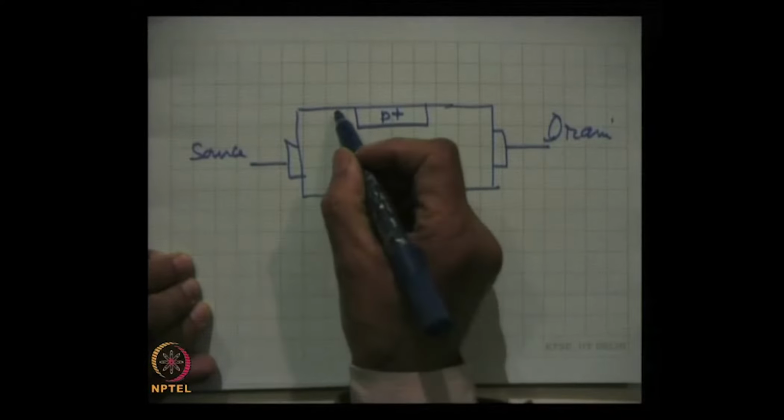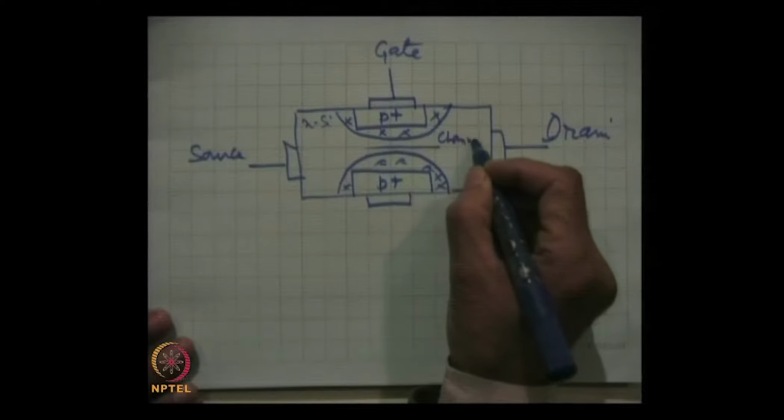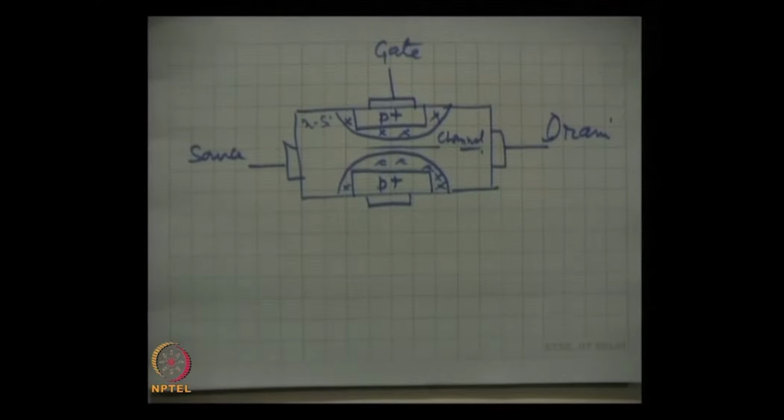Now, this is the p type region and this is the depletion region, and here this is n type silicon substrate, and this is the channel. This is about the construction of a junction field effect transistor.